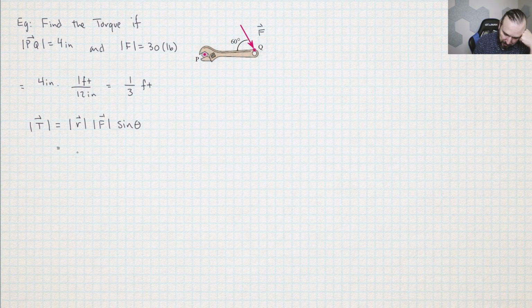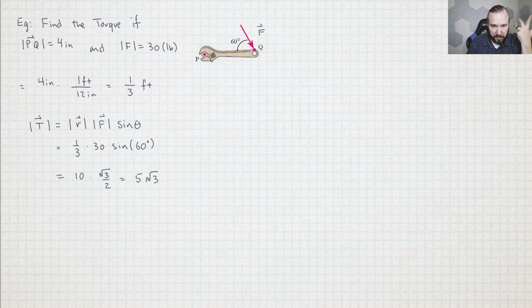So this is going to be 1/3 times the magnitude of F, that was 30, times the sine of 60 degrees. So 10 times the sine of 60, square root of 3 over 2. So I get 5 square root of 3, and then just follow whatever appropriate rounding directions there are. And these units are foot-pounds, the imperial units of torque.